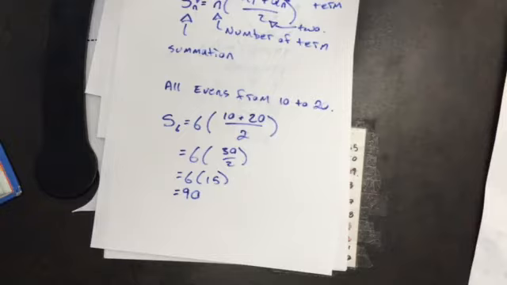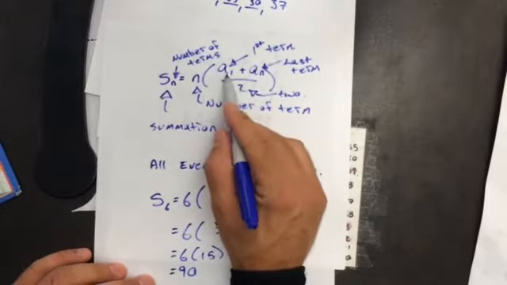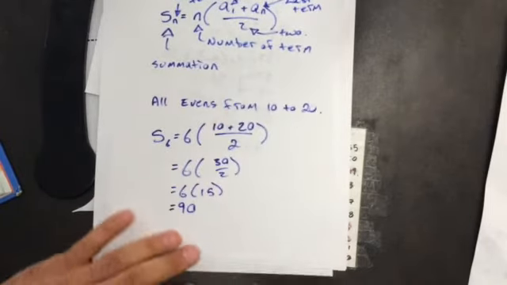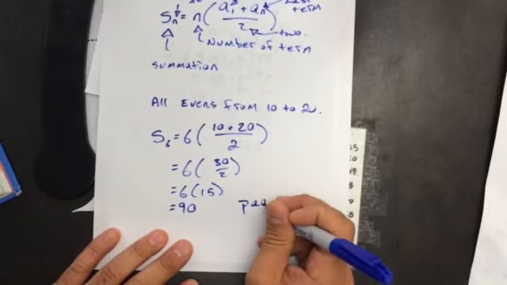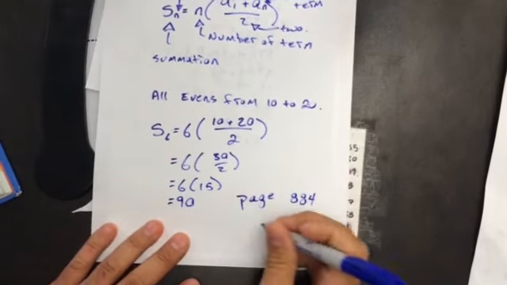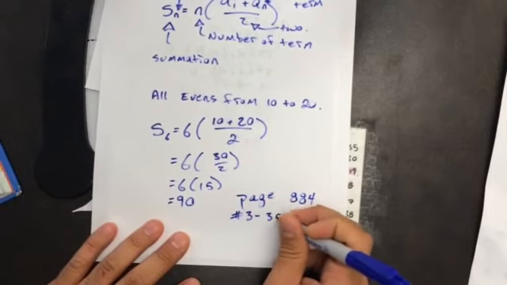And that's it. That's all that we're really doing here. So just using this rule to go from the first term to the last term. Your guys' assignment is going to be on page 884. Numbers 3 through 35, odd.